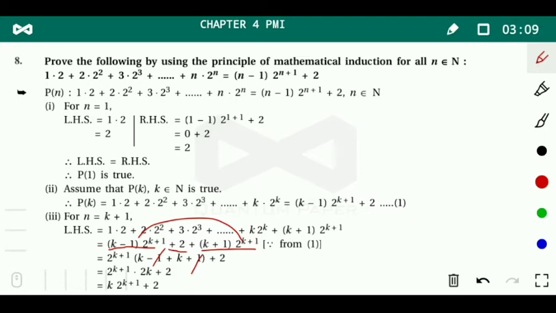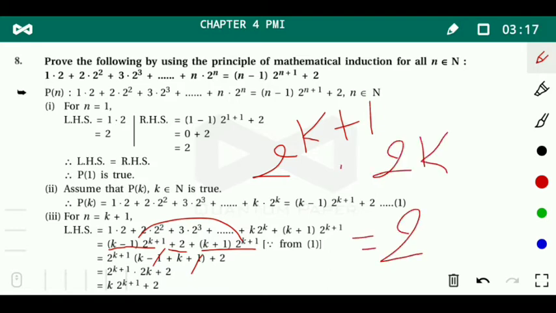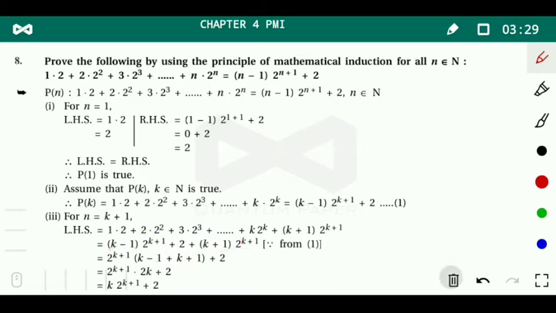So 2 raised to k plus 1 into 2k gives 2 raised to, see here we can write 2 as 2 raised to 1, so 2 raised to k plus 2 into k, yes or no? So we write 2 raised to k plus 2 into k, plus 2 as it is.